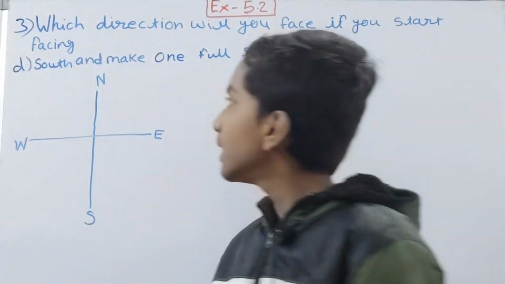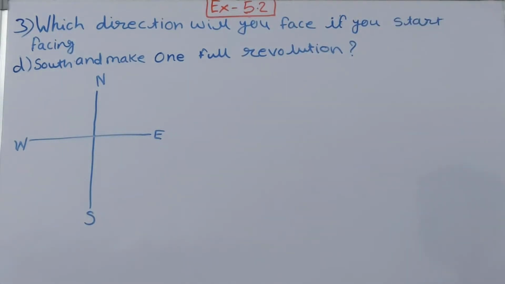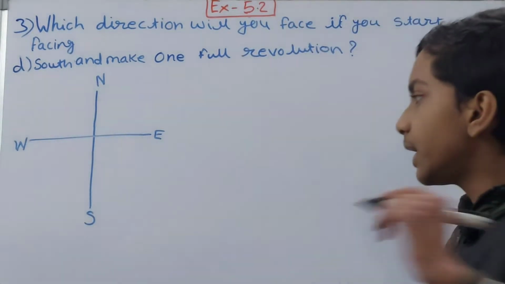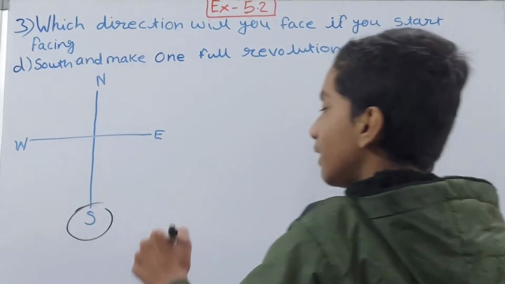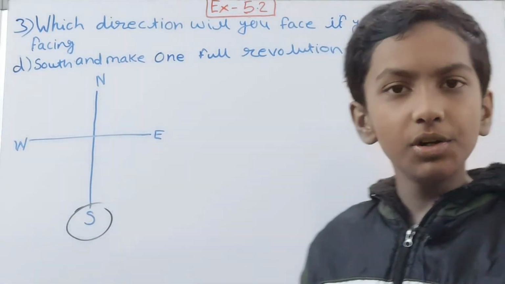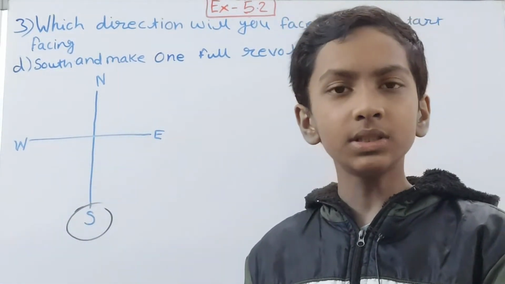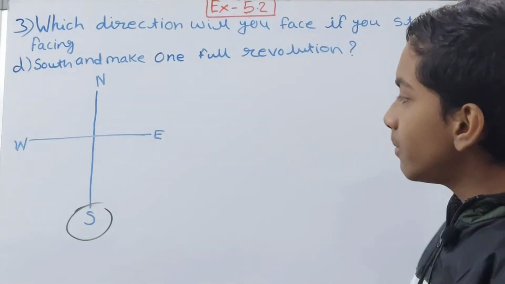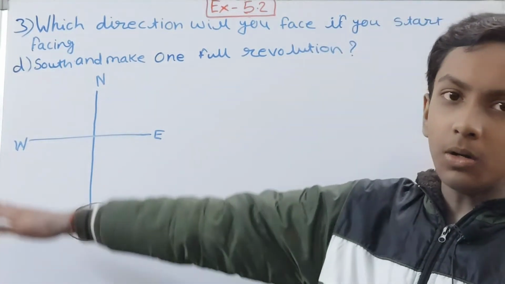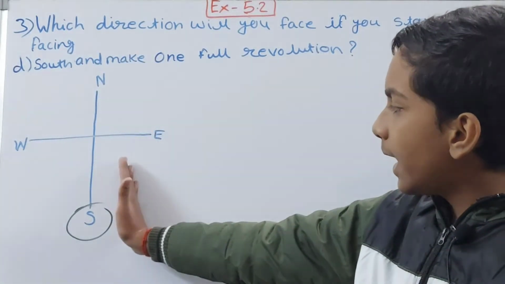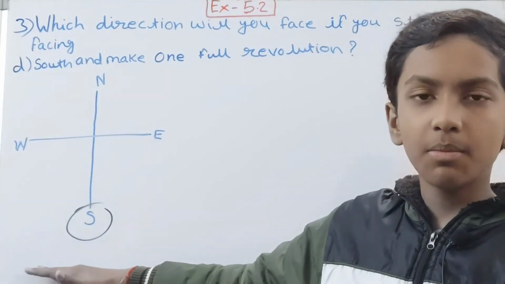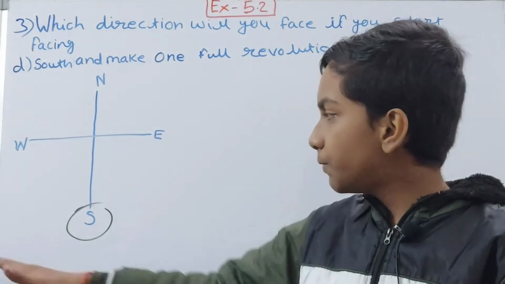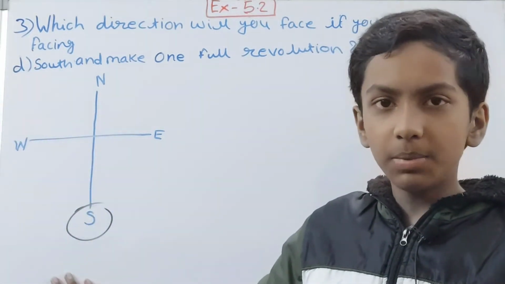Next part is south and make one full revolution. So you are at south, okay, you make one full revolution. You don't need to do any calculation here because one full revolution means what? When you go from one direction all the way around and you come back at that direction, basically you move and you come back at your original place, right?